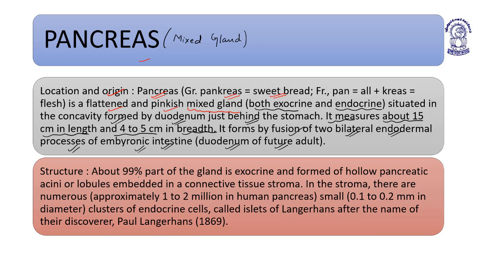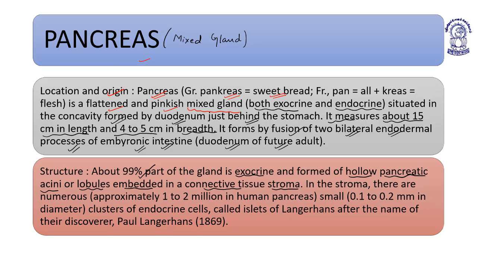Now, structure. About 99% of the gland is exocrine and formed of hollow pancreatic acini or lobules embedded in a connective tissue called stroma.